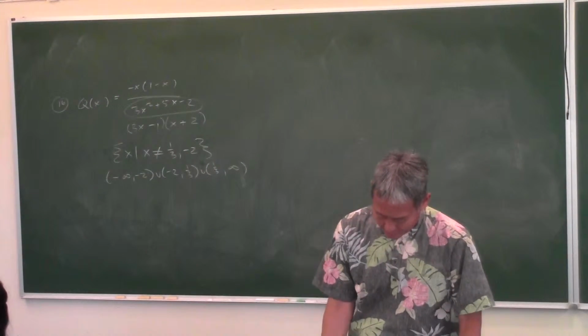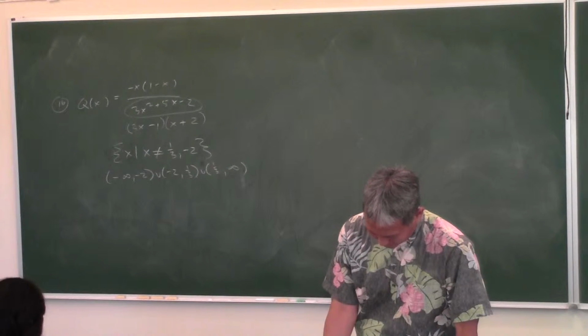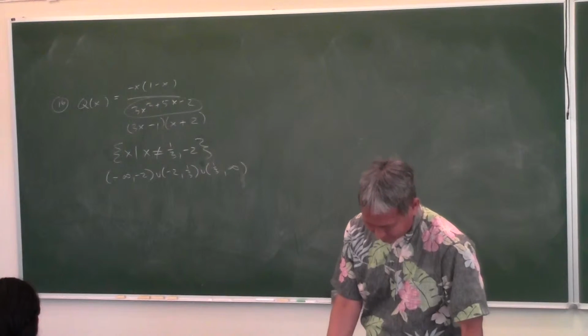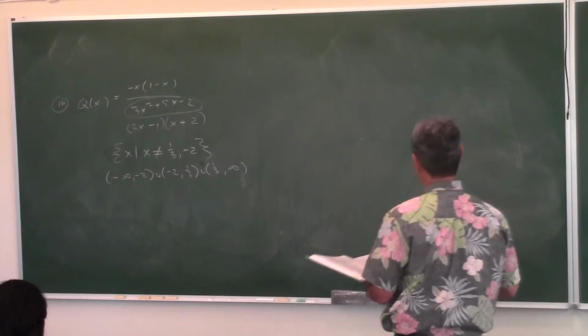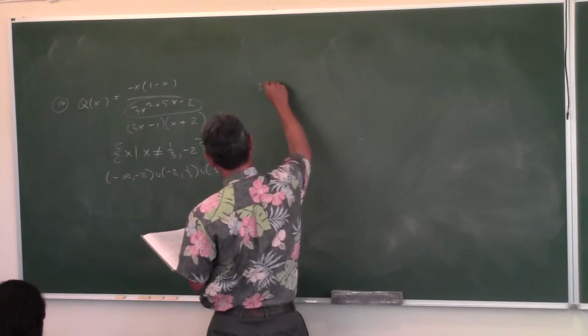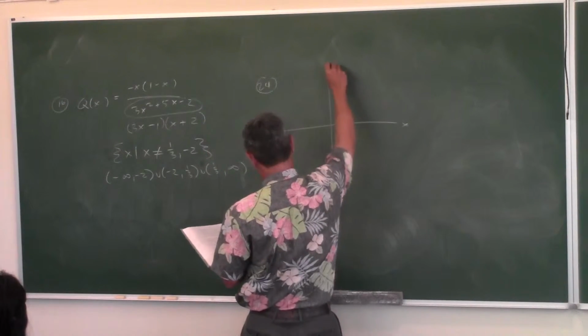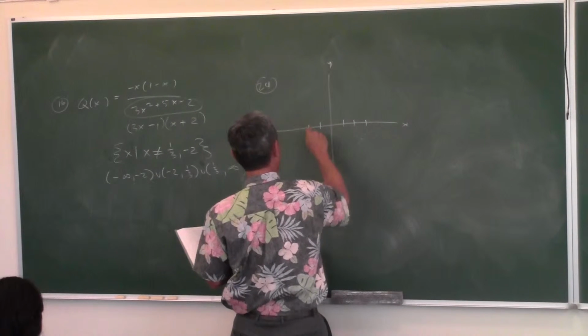Okay, and then they give you a graph. I'm going to do one of the even ones. Which one looks interesting? 24? Oh, it looks kind of babyish. Yeah, what the heck, let's just do 24 then. So they give you a graph that looks like this. And then they go 1, 2, 3, 1, 2, 3.